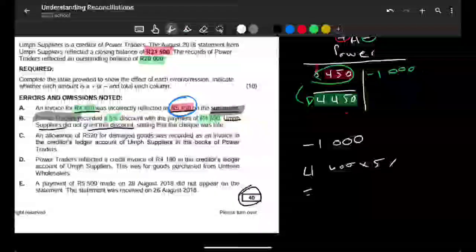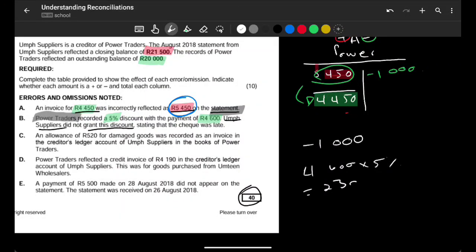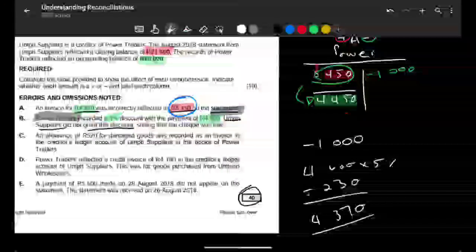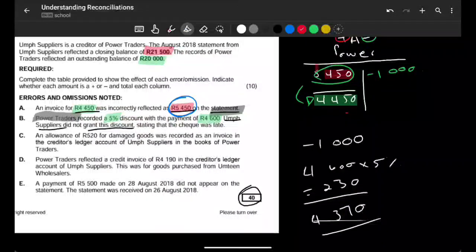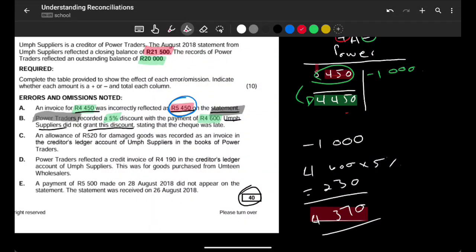How much does that give us? 4,600, 10% is 460, so 5% is 230, right? So the amount that we paid was 4,600 minus the 230, which is supposed to give us 4,370. This is how much we paid, which was incorrect because we assumed that they gave us the 5% discount. The 5% discount is the 230, right?